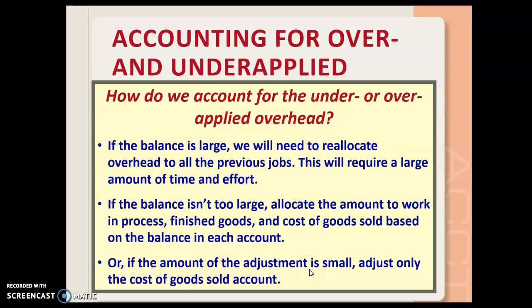If it's considered a small amount, like that $750 is small compared to $100,000, okay, then all we got to do is put the whole $750 difference to cost of goods sold. We don't have to worry about how much is in work in process or finished goods, etc.